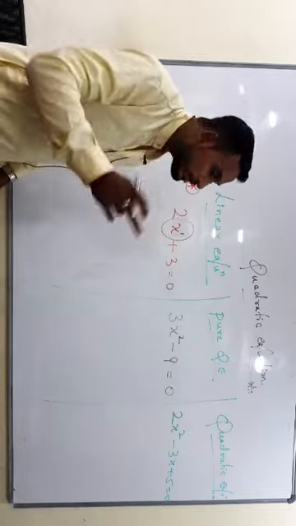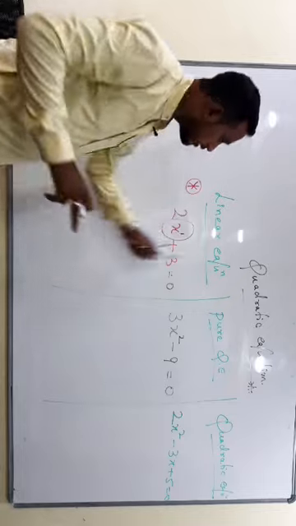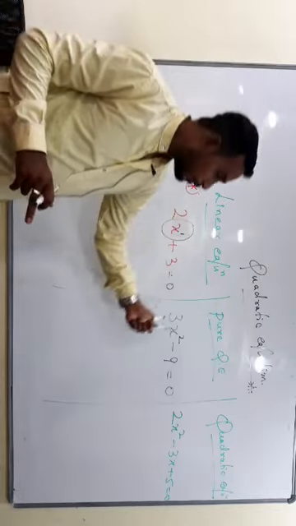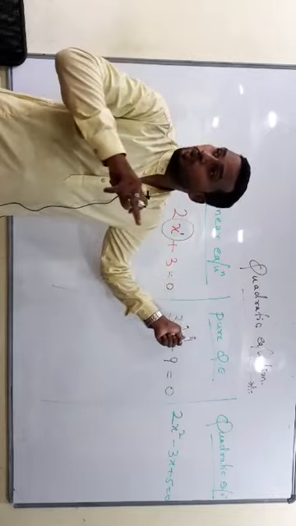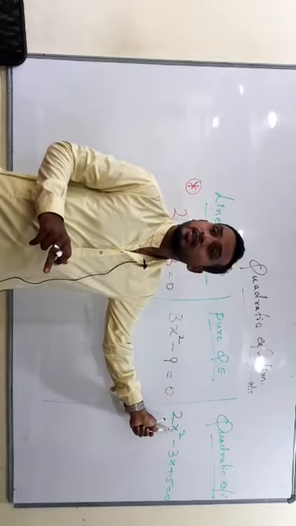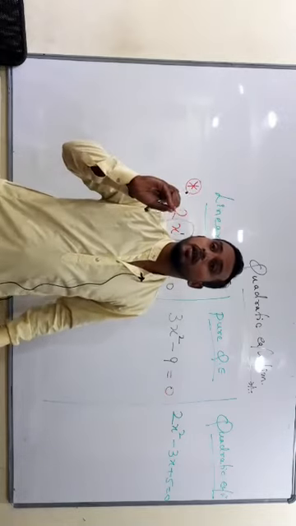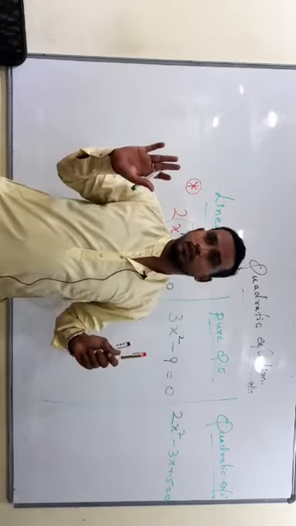Linear equation means an equation which involves a variable whose highest degree is only 1. Pure quadratic is an equation whose highest degree is only 2. Quadratic equation is an equation which involves a variable whose highest degree is both 1 and 2.